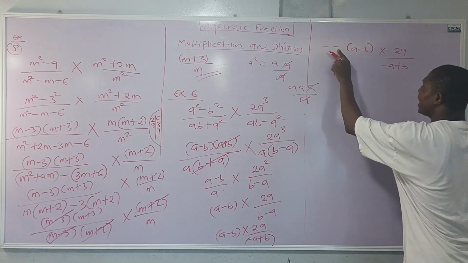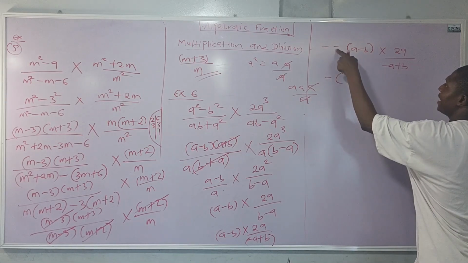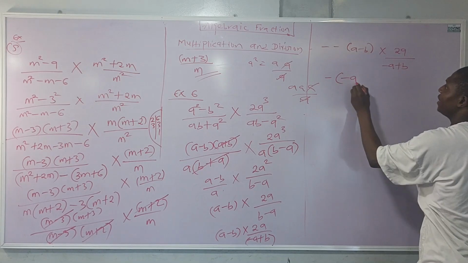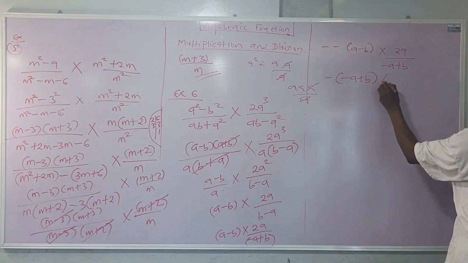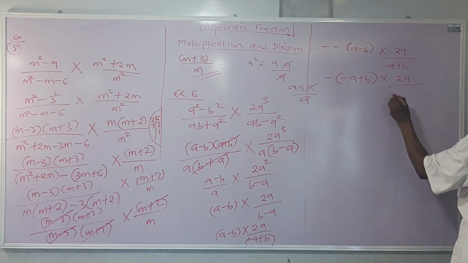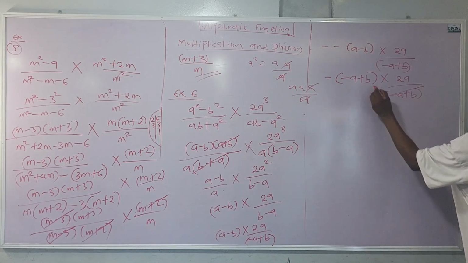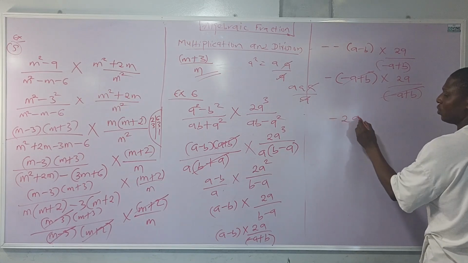If I use one of the negatives to multiply, I'll have the first negative still left. Bracket, negative times positive a will give me negative a, and negative times negative b will give me positive b. Close bracket times 2a all over negative a plus b in brackets. And you see these two can also cancel out, and my final answer will be negative 2a.